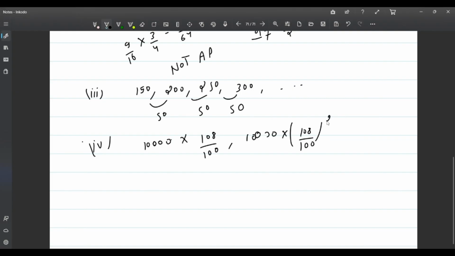So it is not an AP. In the third year, it goes like 10,000 into 108 divided by 100, whole cube. So it goes like this. So it is not an AP.